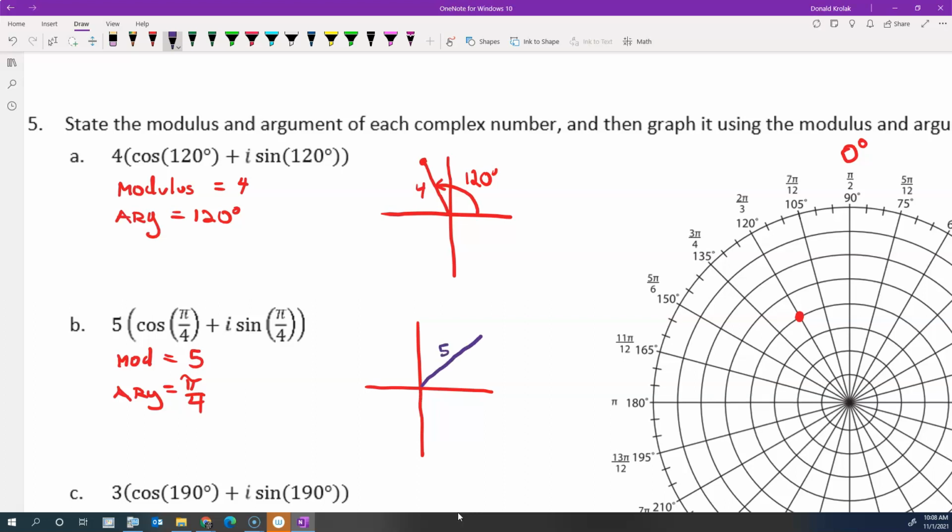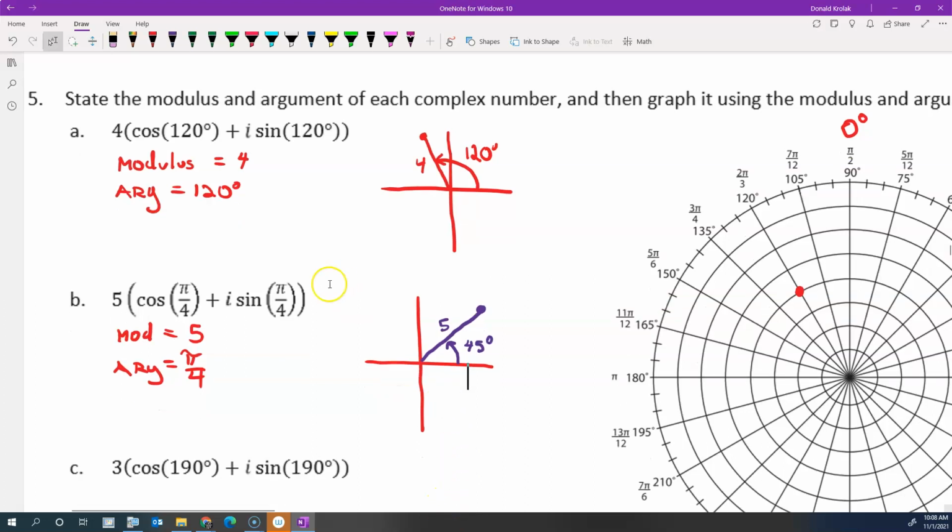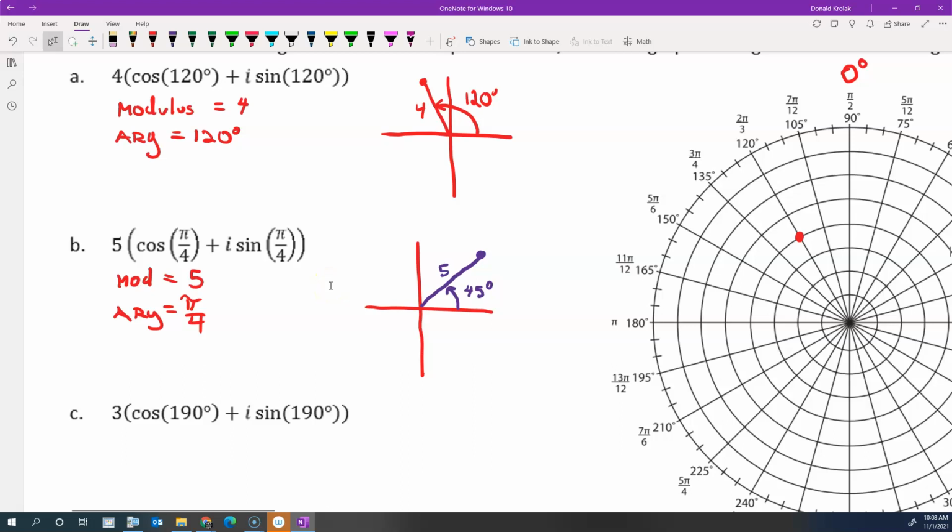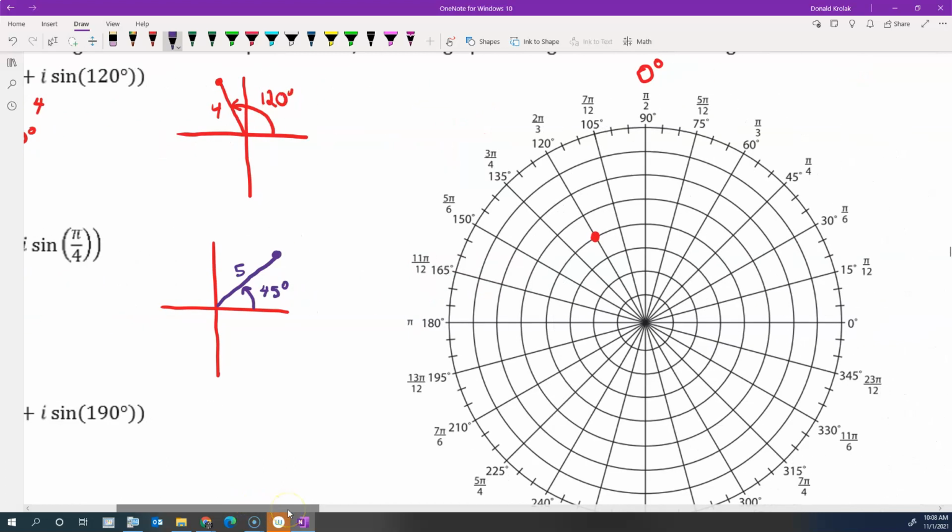This is 5, and that is 45 degrees. Pretty simple. On polar paper, 1, 2, 3, 4, 5.